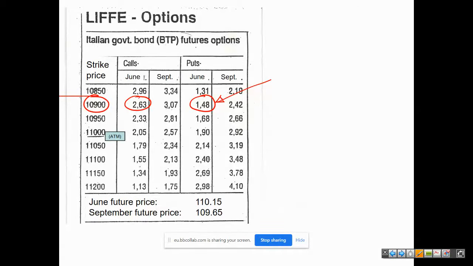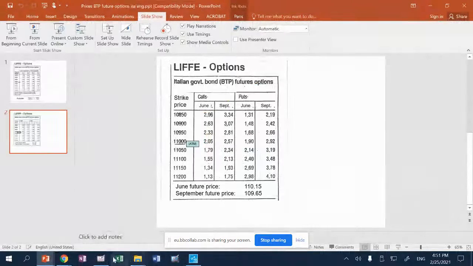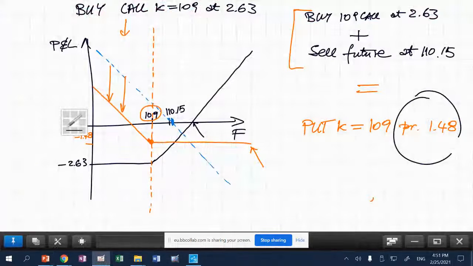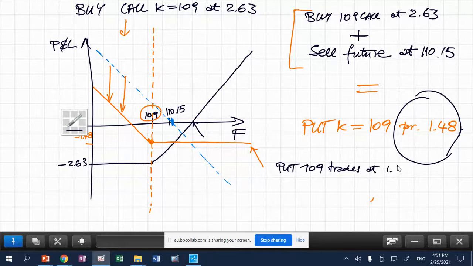Now, the first extra step is understanding that if the price of the put option on the market were anyway different from 148, which is the price at which I can recreate the put option in this way, there would be a chance for an arbitrage. So example number one, imagine the put option strike 109 were trading at 150.